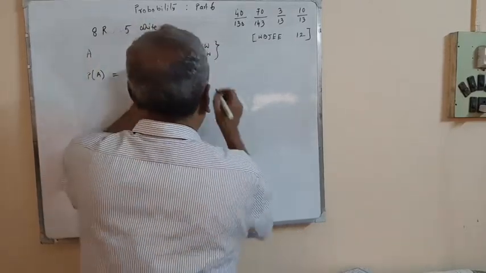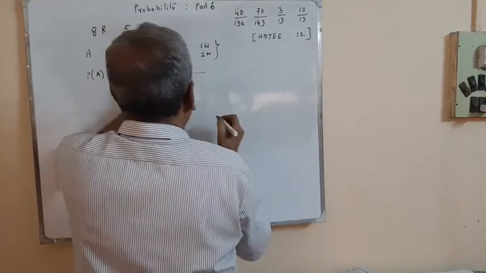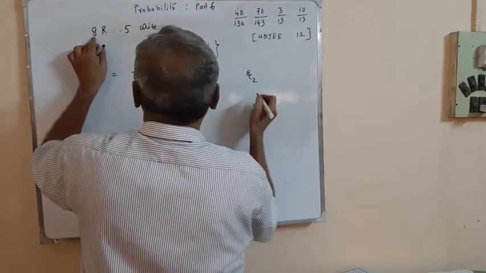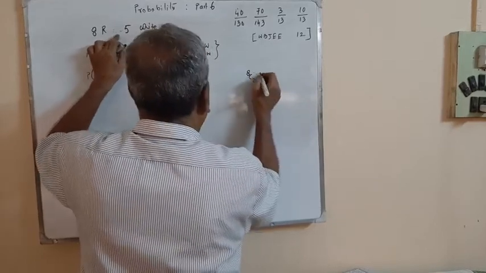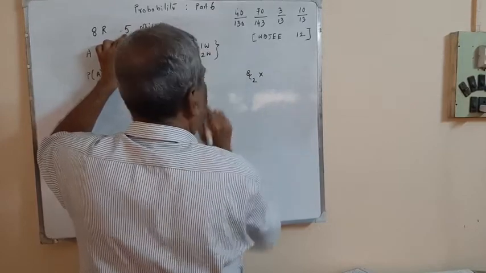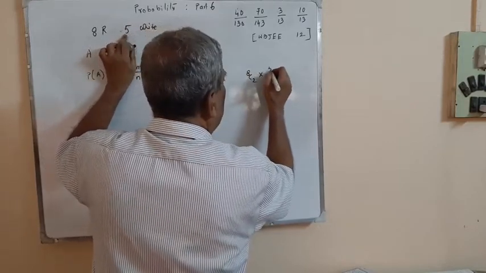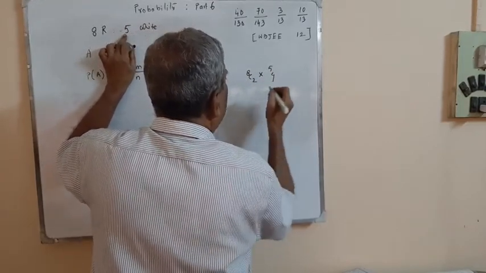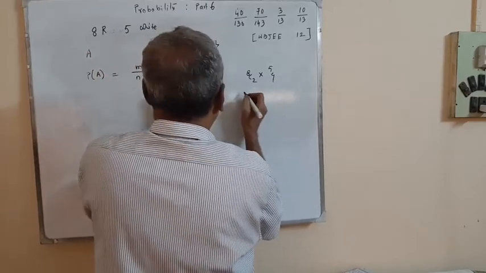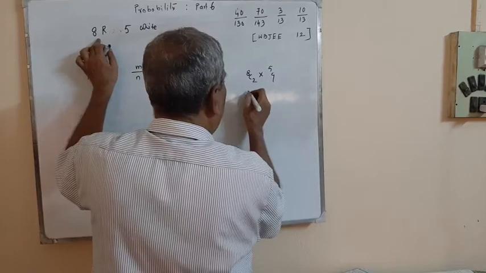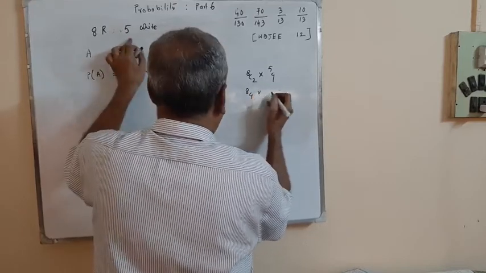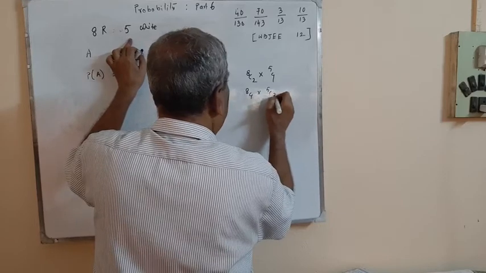In the first case, out of 8, we have to collect 2 red balls, at the same time, means multiplied by 1 white from 5 white balls, 5C1. And the second one is 1 red out of 8, 8C1 into 2 white, 5C2.